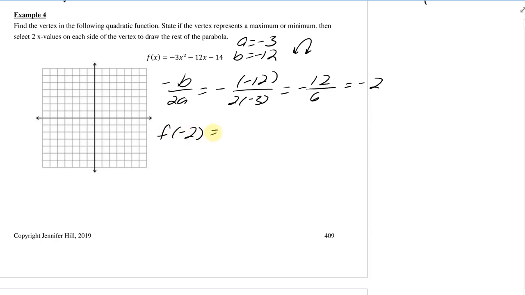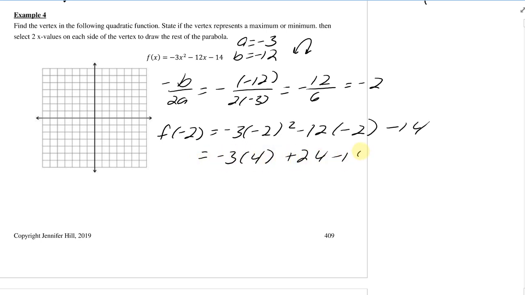This will be -3 times -2 squared minus 12 times -2 minus 14. If I work this all out, this is -3 times 4 plus 24 minus 14, and all of that will work out to be -2. So my vertex in this case is -2, -2.